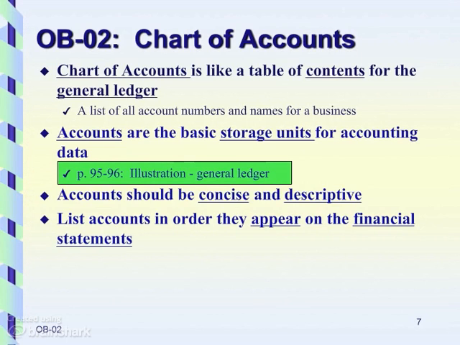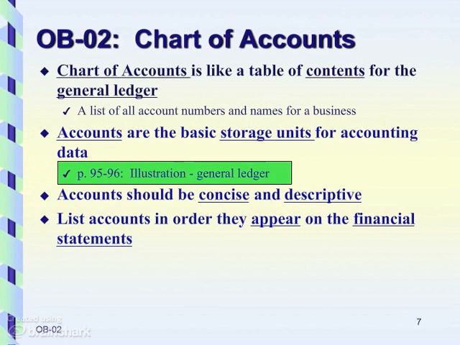The group of company accounts is known as the general ledger, or simply the ledger. In most businesses today, ledgers are maintained in an automated or computerized fashion. Accounts are typically numbered for processing and referencing purposes.